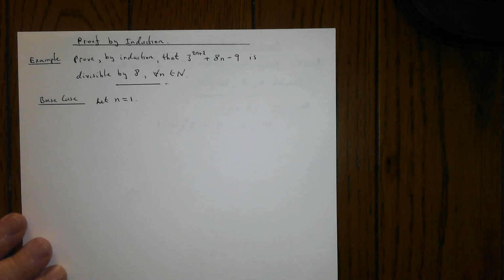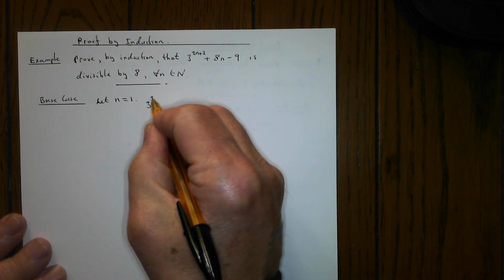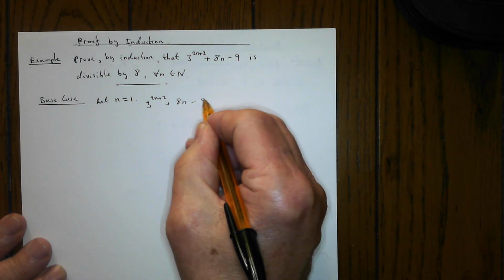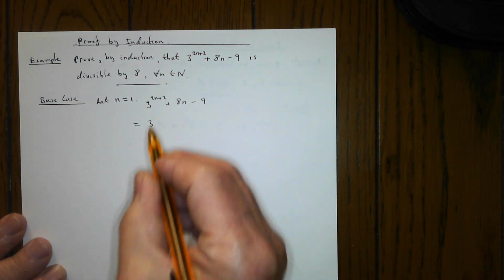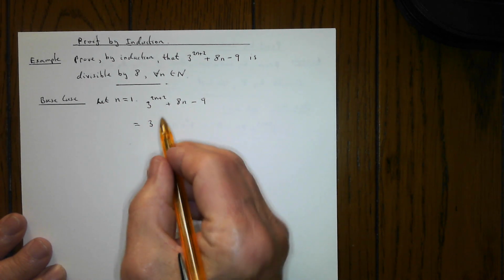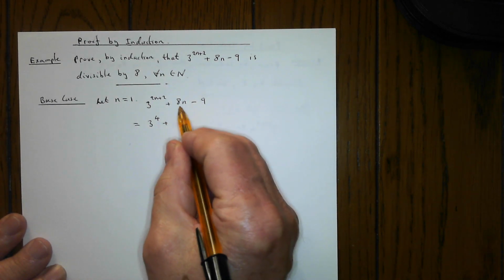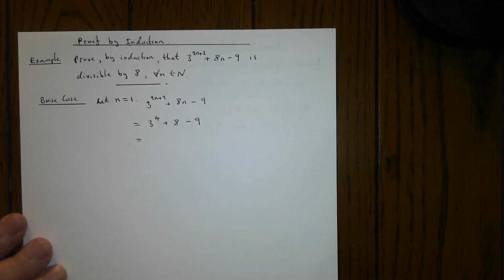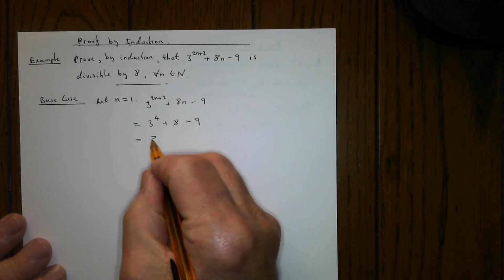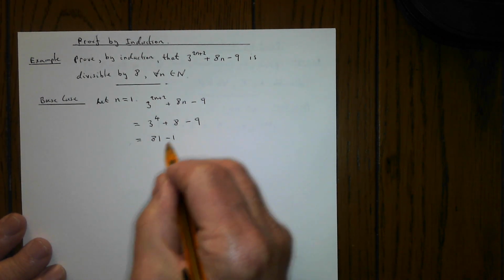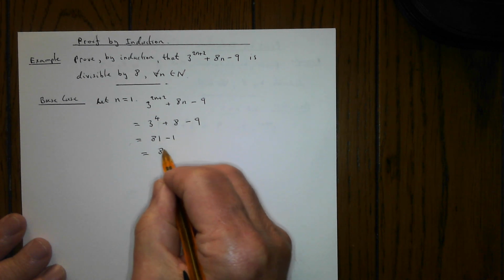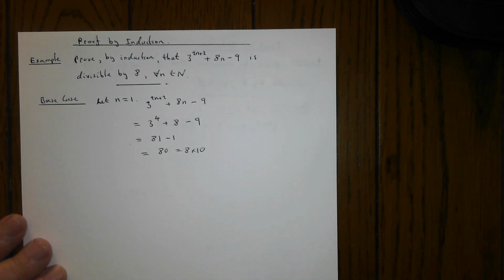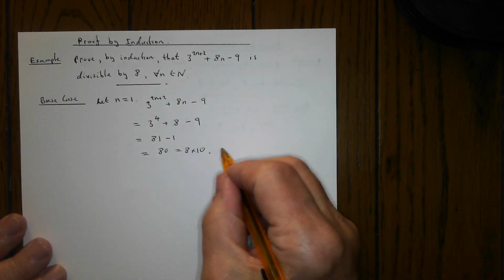When n equals 1, 3 to the 2n plus 2 plus 8n minus 9 will equal 3 to the, 2 times 1 is 2, plus 2 is 4, so 3 to the 4, which is 81, plus 8 ones are 8, take away 9. 8 minus 9 is minus 1, so that will be 80, which is 8 times 10, which is divisible by 8. So statement true.